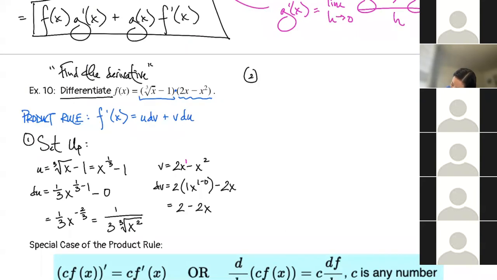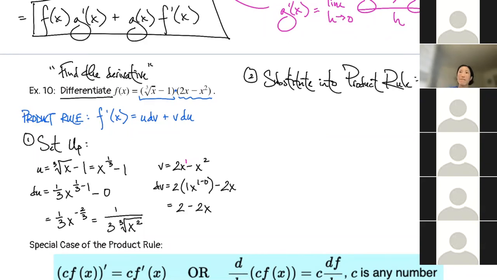All right, second part, we are going to substitute into the product rule. Okay, so we've set everything up.